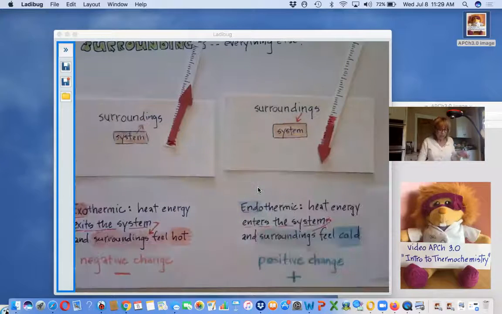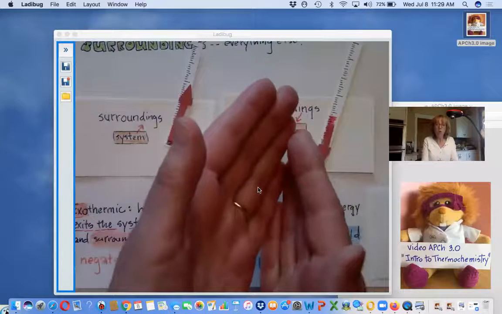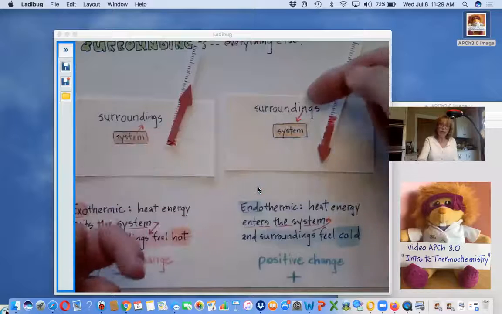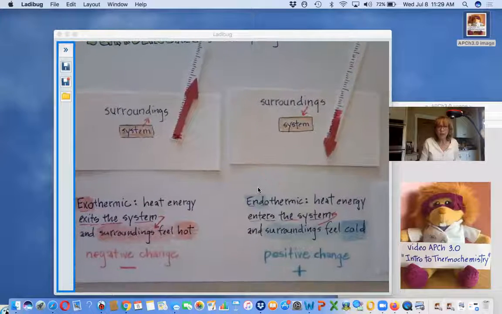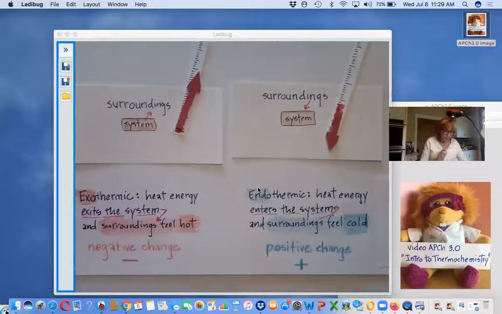In each of these cases, the energy is leaving either the system, going to the surroundings, or leaving the surroundings, going to the system. Okay, I hope my color coding is helpful to you. Things to remember: exo is experienced as surroundings feel hot.